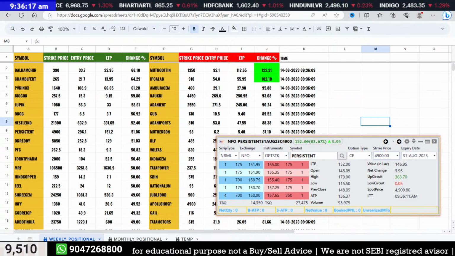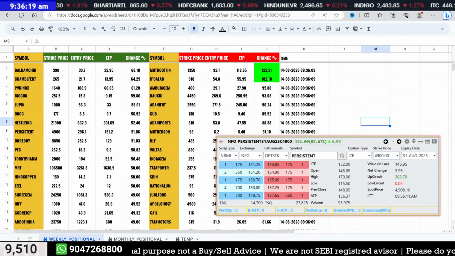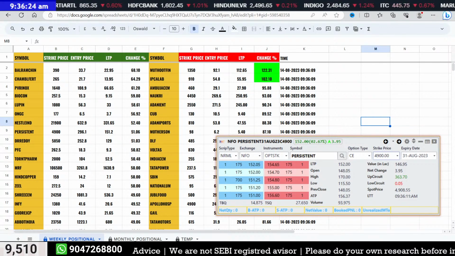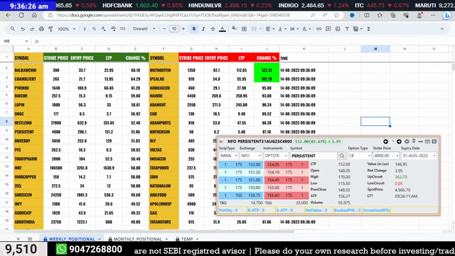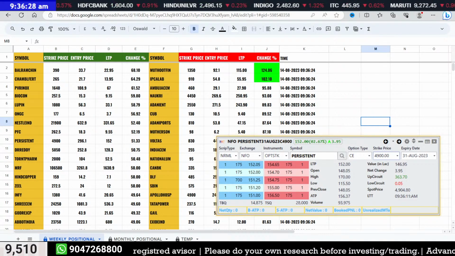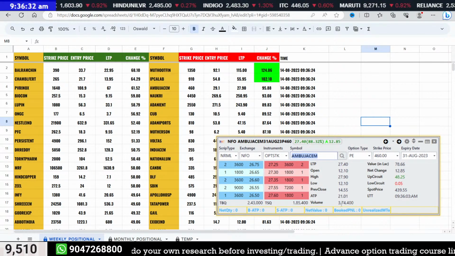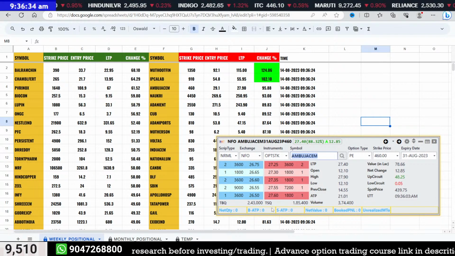Ambuja Cement, the strike price is 460. Okay, 27.4 is the current premium, current price. And look at the lot size, it is 1800. 26.75, 27, and volume is looking good, 3,74,000.